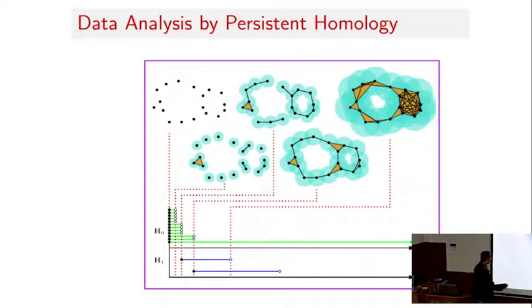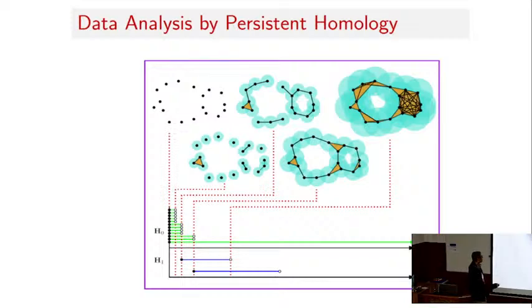For one-dimensional, which is H1, look into it. For example, there is a cycle which is born here, so you get a point because it has been born, and this cycle ultimately dies here. It got filled up. So this cycle got born here and ultimately died here, and I get a bar for this cycle.